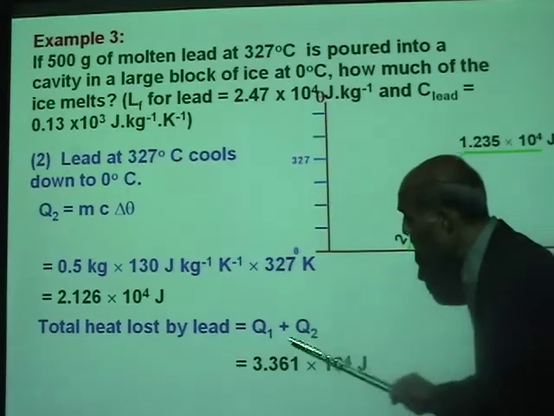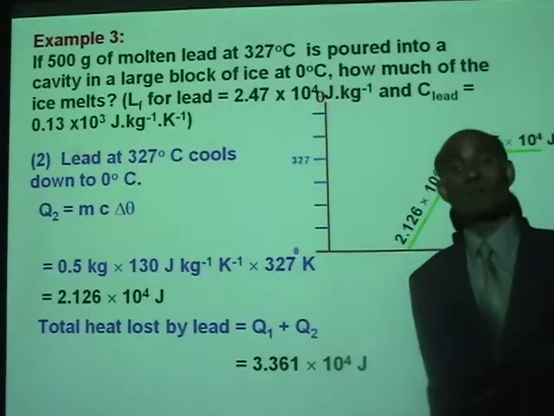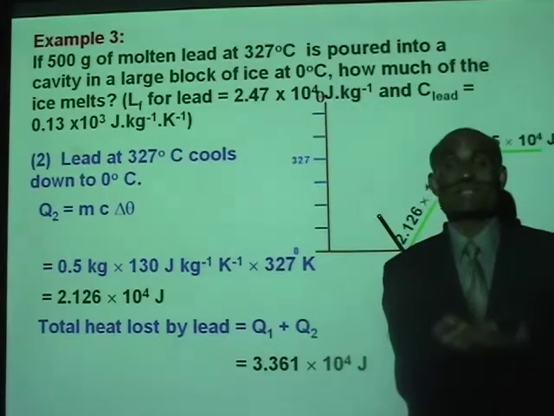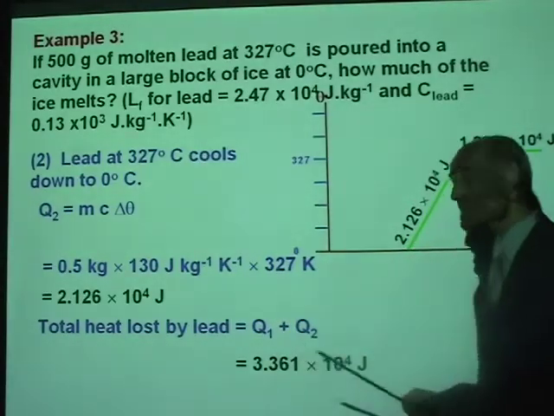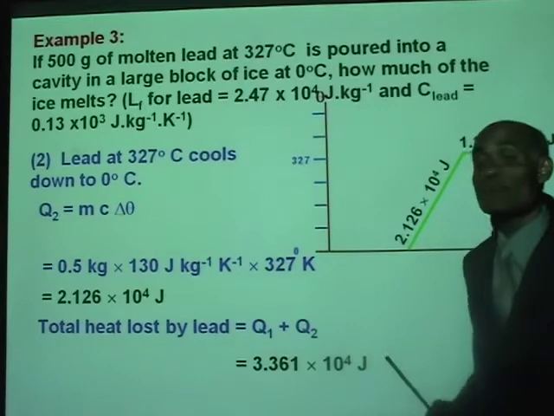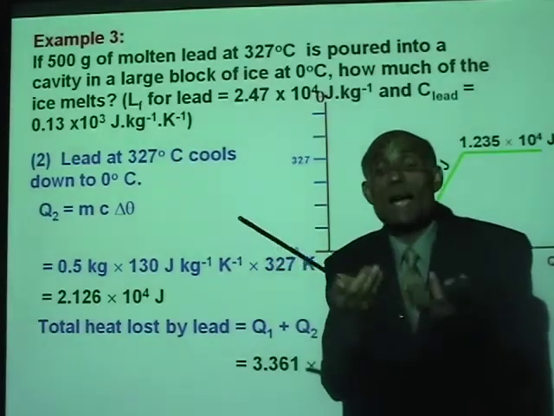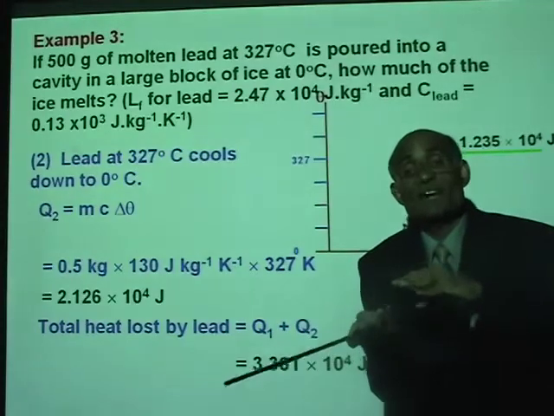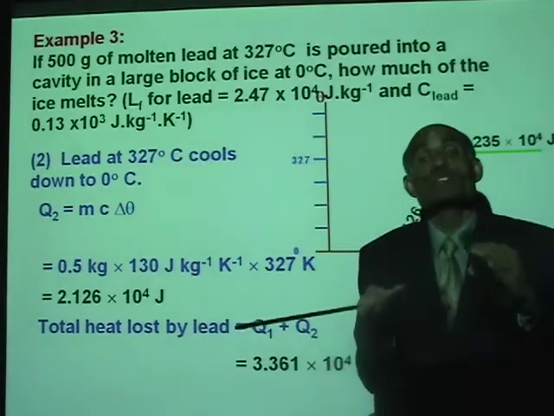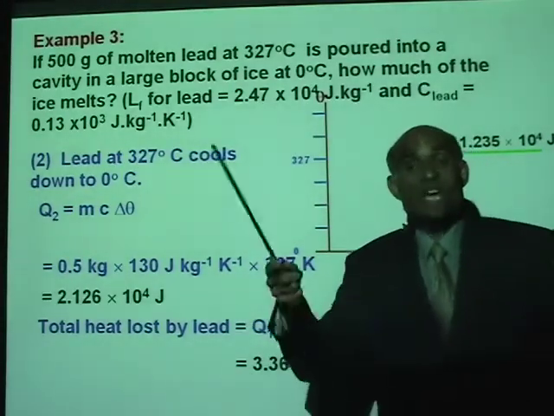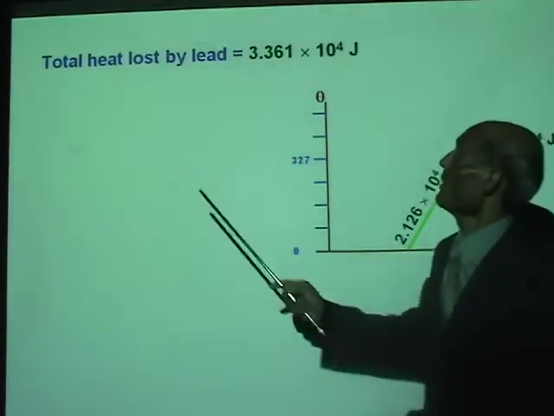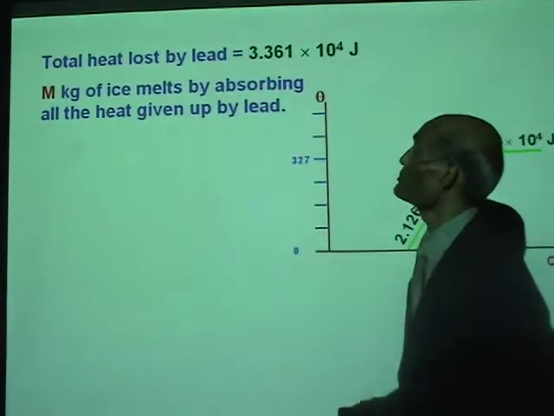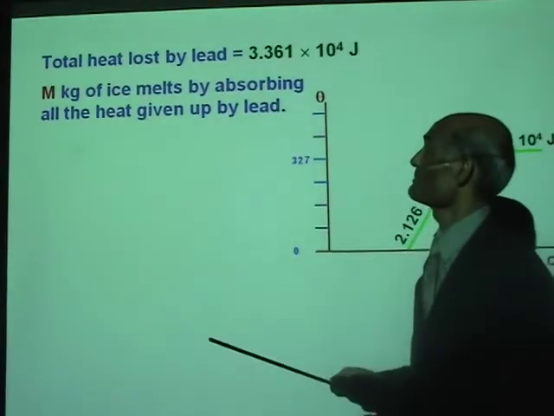Now, who is absorbing all that heat? All that heat is being absorbed by m kilogram of ice simply to melt, that is, change from solid to liquid without change in temperature. So we've got m kilogram of ice melting by absorbing all this heat.